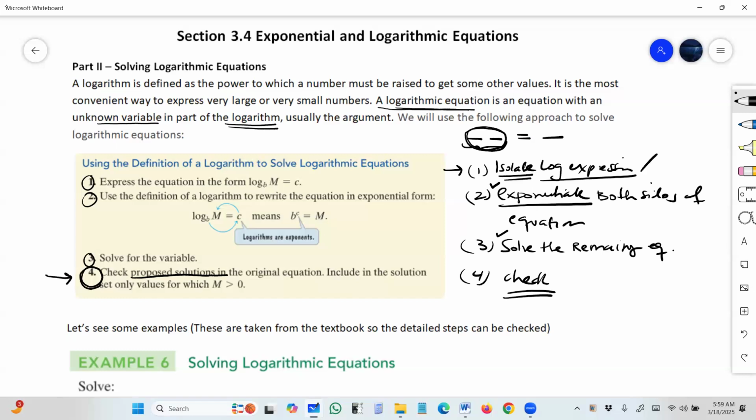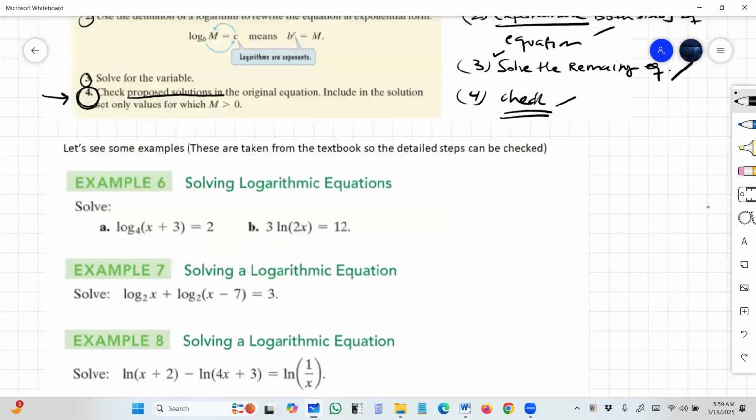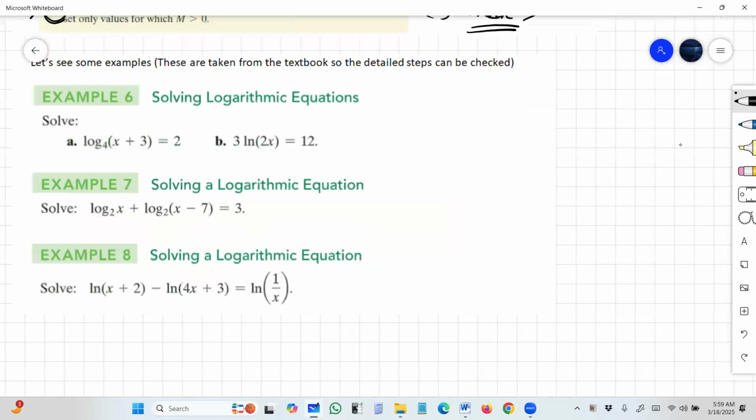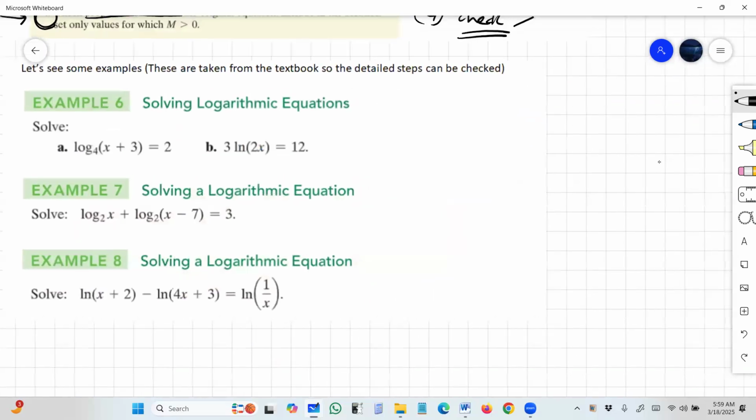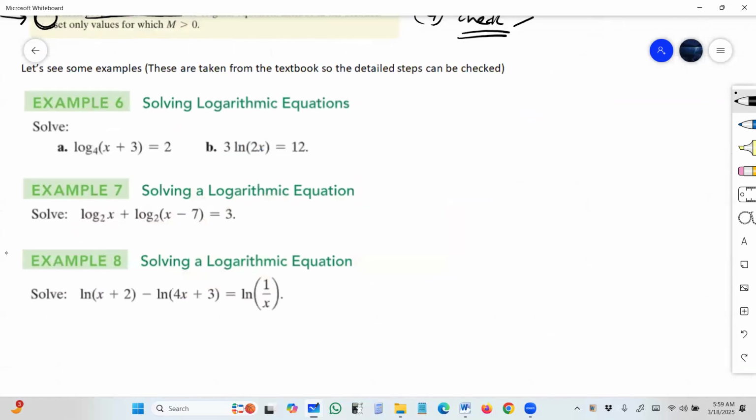So here are the four steps. Isolate the log expression, exponentiate both sides, you'll see how, solve the remaining equation, and then check the answer. These are the four steps. Okay, so let's take a look at the examples I have for us. These are all of the possible types that you can see.